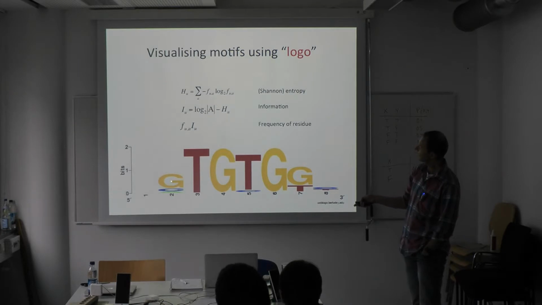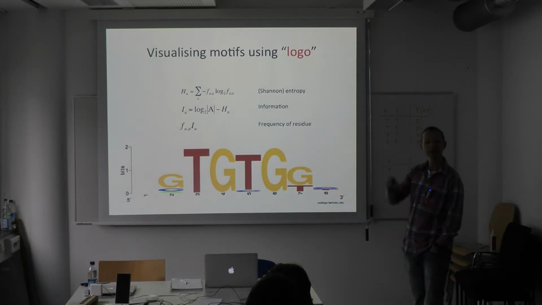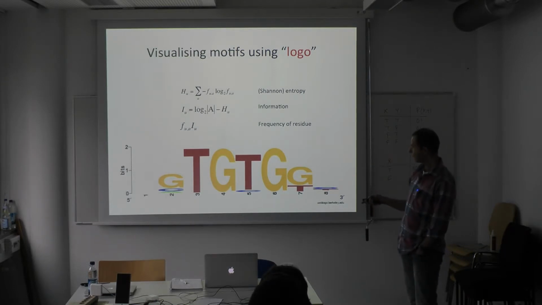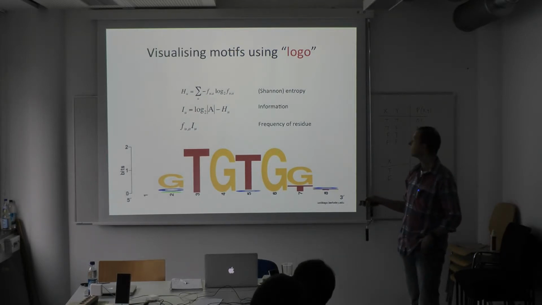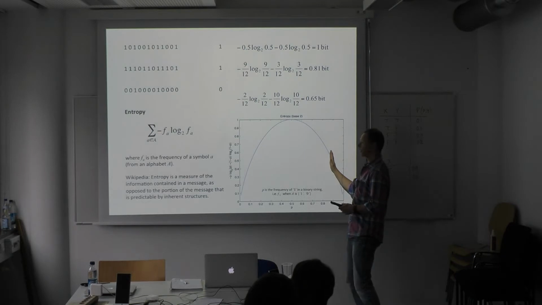But in this case here we have G, C, and that's probably an A down there, squished. In fact, the total information in that column is much less. So we have 2 minus the entropy. In this case, it would be an entropy somewhere along there, right?